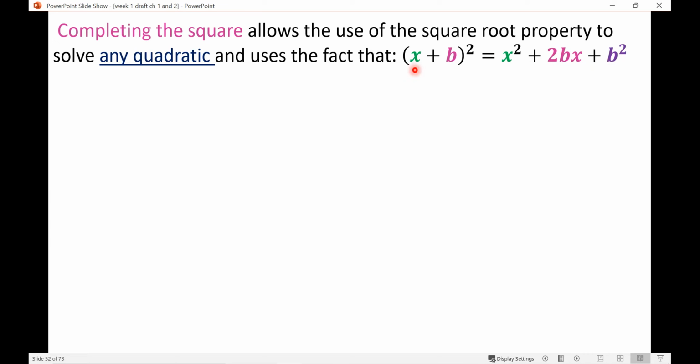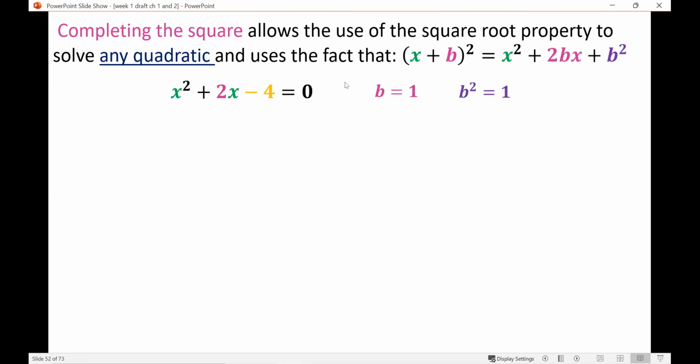Remember, when we use this square root property, we don't have to have our equation set equal to 0, which allows us to engineer this constant term to be exactly what we want it to be. Whatever's left over that isn't part of that constant term, but is still part of our equation, we can just throw it on the other side of our equal sign because we don't have to be set equal to 0.